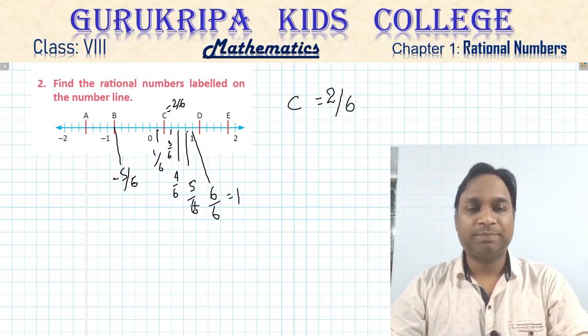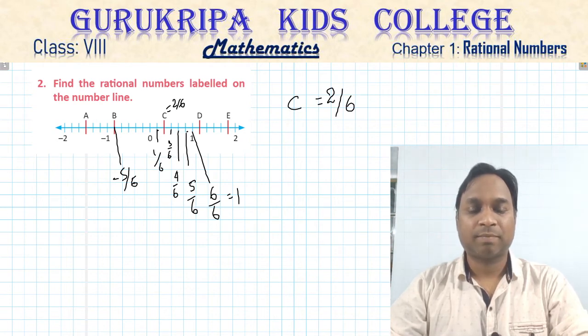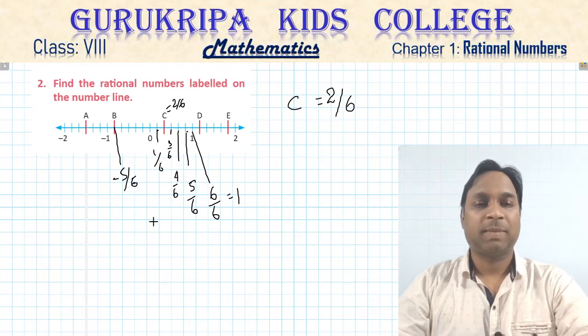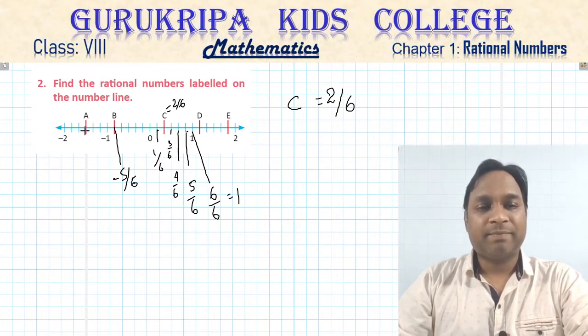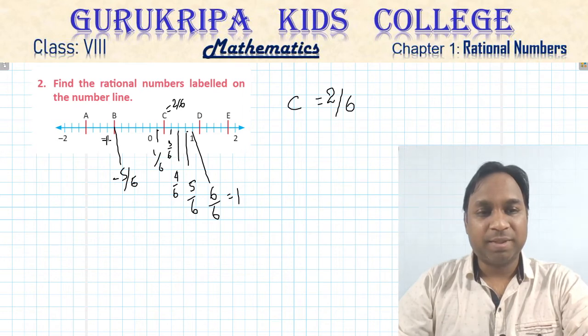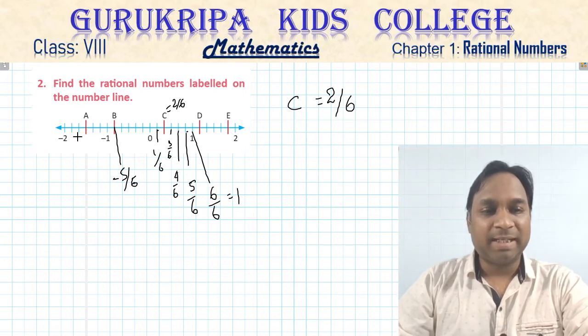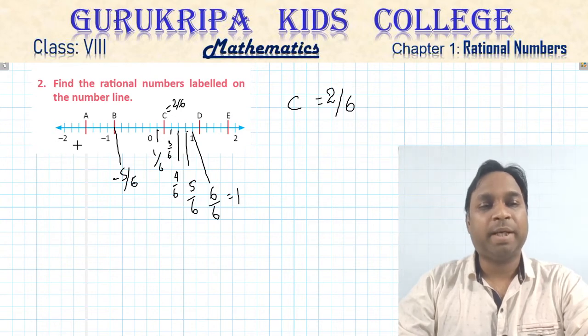Yes, is it okay now? Now next there is A. What is the value of A? This is -1. Now this is exactly between -1 and -2. A is exactly between -1 and -2. Isn't it?